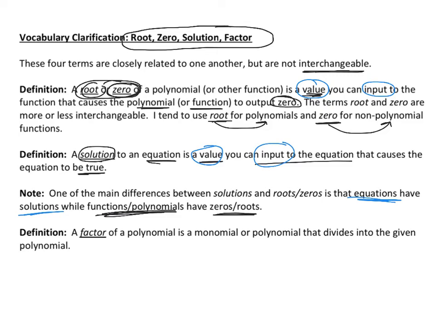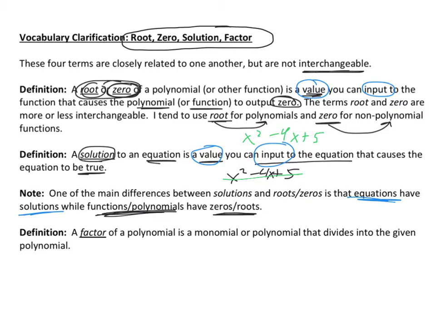So basically, you can't find a solution to x squared minus 4x plus 5. There's no solution to this because it's not an equation. But x squared minus 4x plus 5 does have roots or zeros, because it's a polynomial or another function.